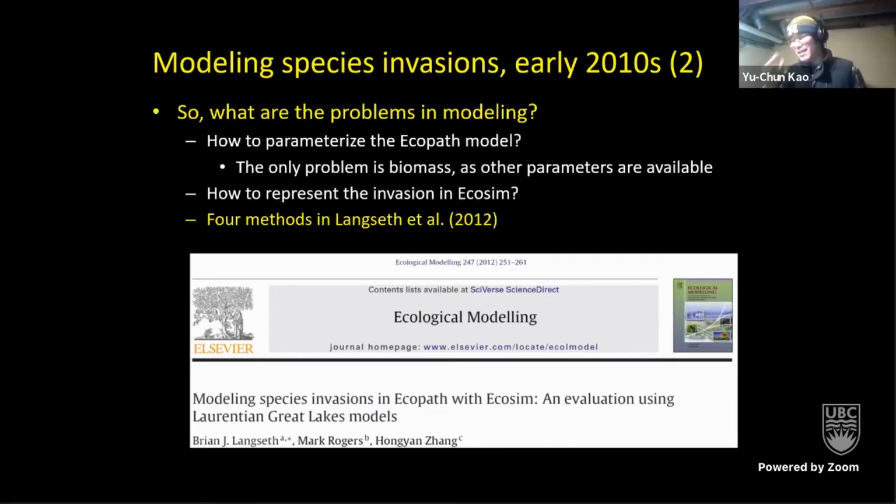They invited me many times, but my daughter was 1, and my wife was having my second daughter, so I just did not have time. But this is a great paper led by Brian Lenthus. That was why I marked him in the Ecopath workshop.